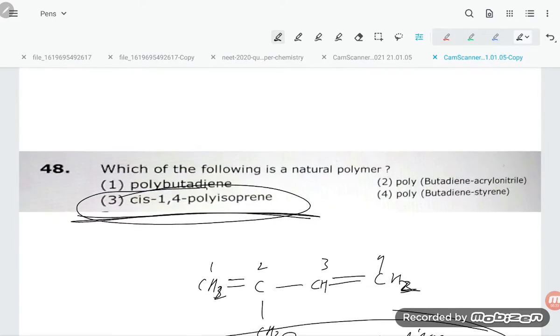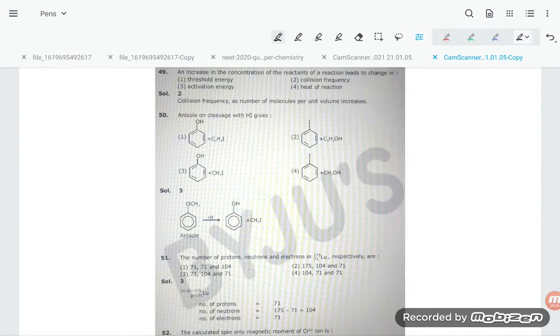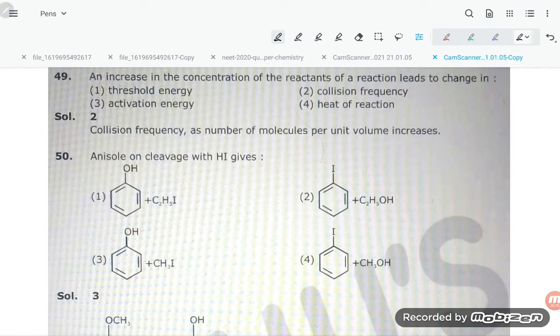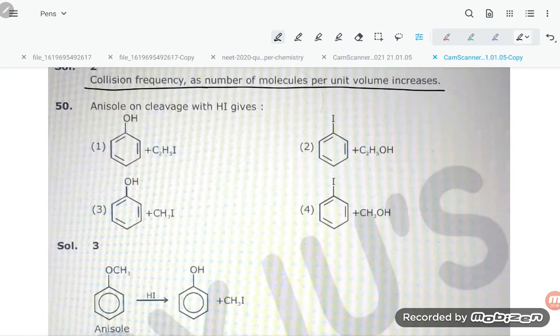So the next problem, question number 49: an increase in the concentration of reactants of a reaction leads to a change in collision frequency. If you are changing the concentration, more reactant will be there, so the collision frequency will increase as the number of molecules per unit volume increases.